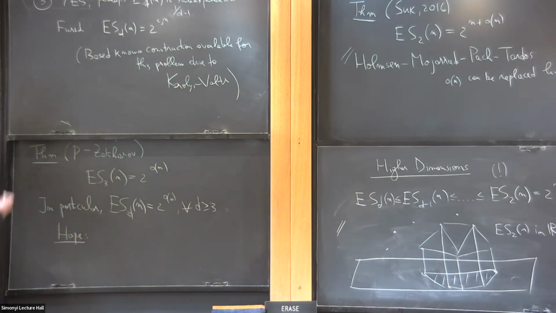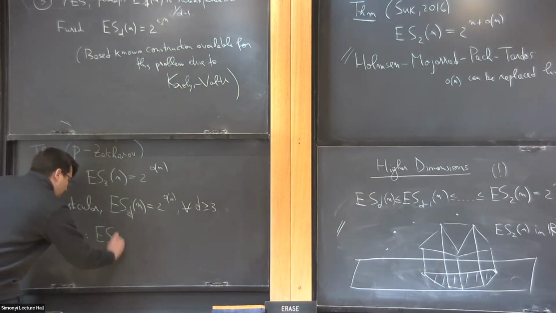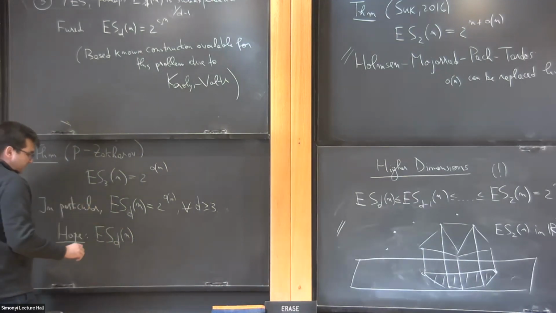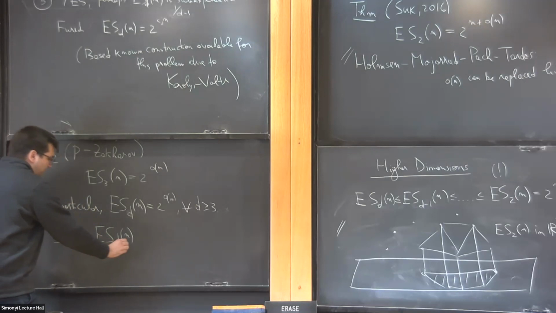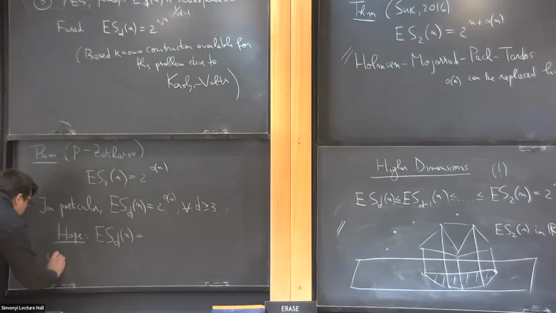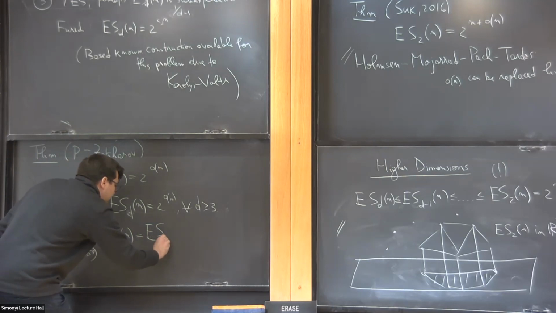There's a hope that the strategy, at least in principle, generalizes to establish the following relation between any two consecutive Erdős-Szekeres functions in the sense of dimension. So we hope to get the following: this is at most the Erdős-Szekeres function.